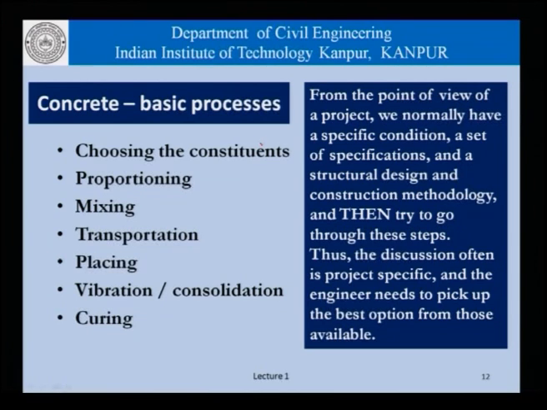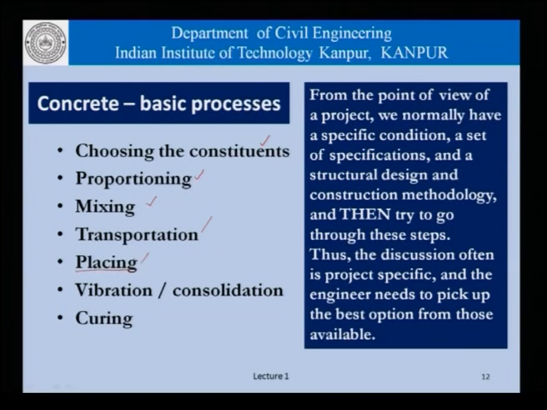We need to choose the constituents: what kind of cement, what kind of coarse aggregate, what chemical admixtures or whatever if they are being used; proportioning, which means how much of each of these constituents will be used; mixing those constituents, how will they be mixed; transporting these constituents from the site of mixing to the site of placement; placing.